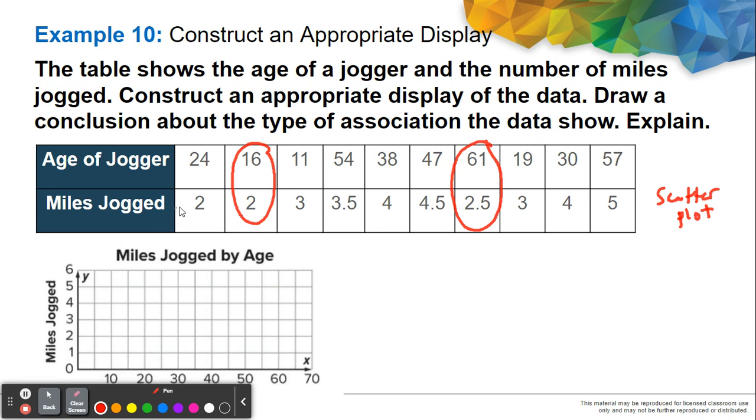So let's plot. If you are 24 years old, you run 2 miles. Let's say 24 is here, because between 20 and 30 is 25, so it's less than 25. 16 and 2, 16 years old, 2 miles as well, so it's here. 11 and 3, then we have 54 and 3.5, somewhere here.